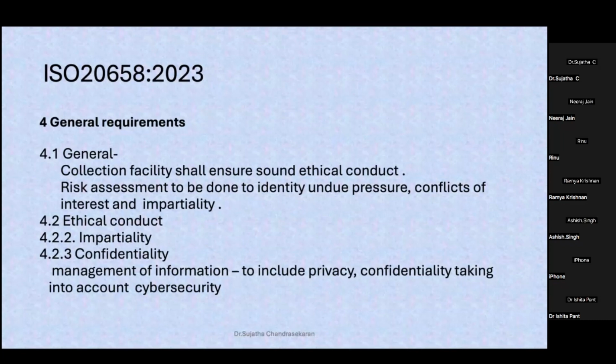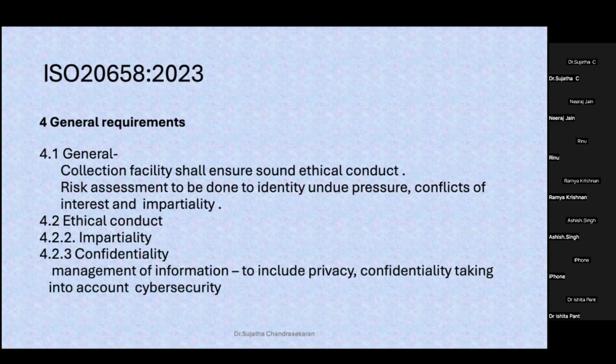What the labs generally do is write a statement that the laboratory practices impartiality as a policy statement, but how is never written. Second, as far as confidentiality is concerned, there is a statement signed and taken from all the staff that they will ensure confidentiality and will not disclose it to anybody. This is just not enough.